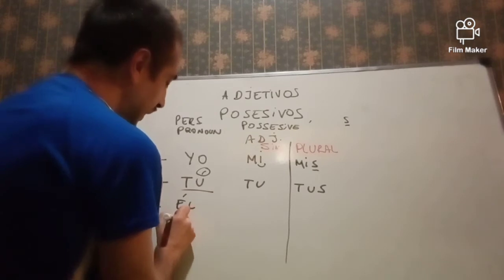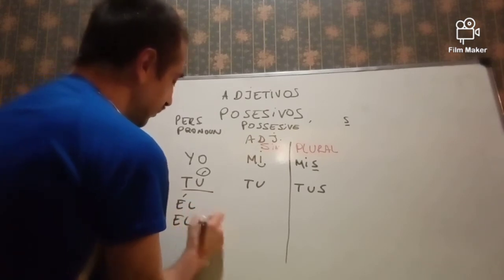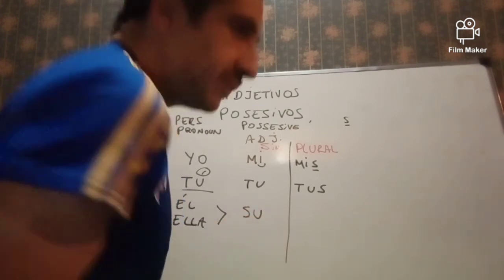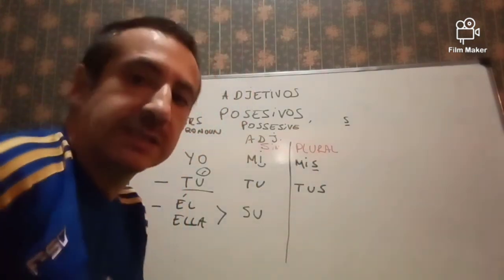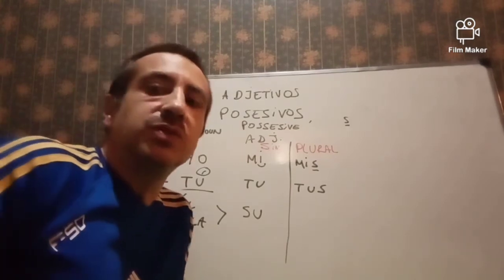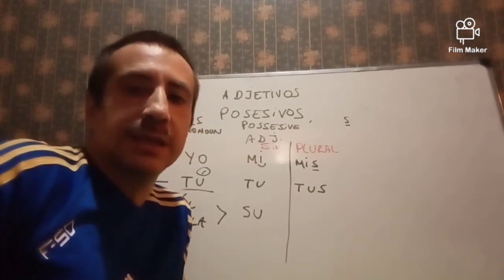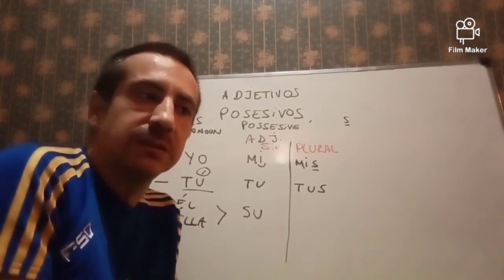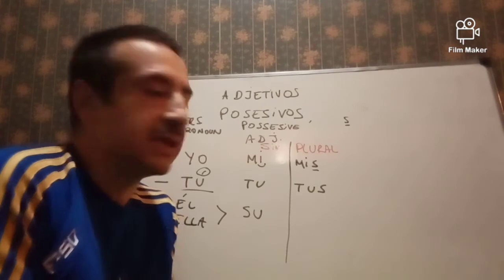Both for él and ella, we say su. Different from English, where you do make a distinction according to gender, because you say his and her, whether it's referred to a man or to a woman respectively.